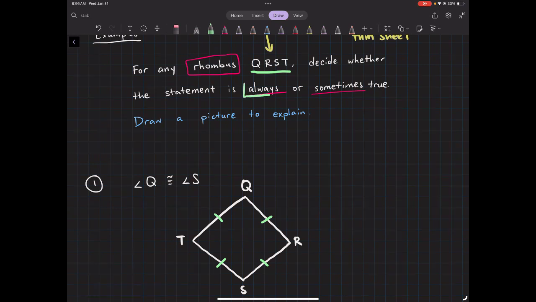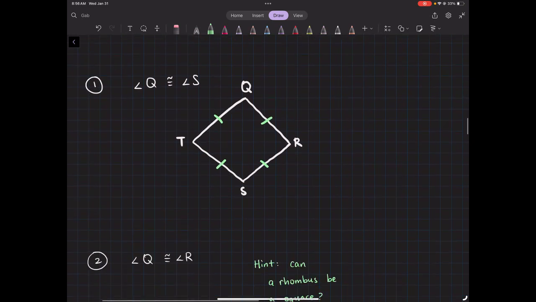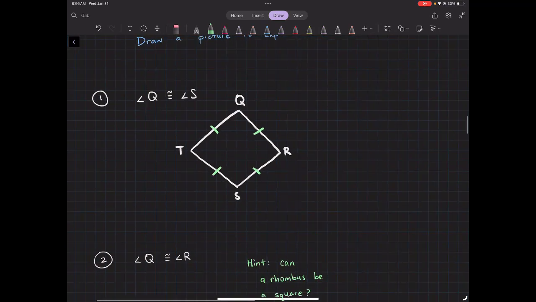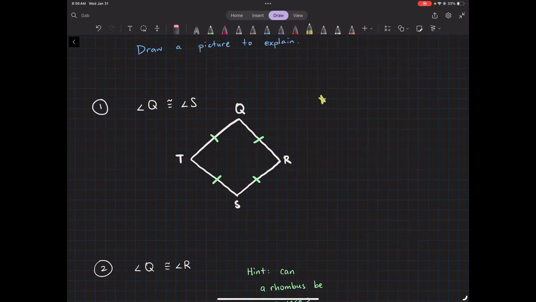So you're either answering always or sometimes. Okay, so take a look at the corollary. Look at corollary 7.2. So I'll make that note just in case. Corollary 7.2.